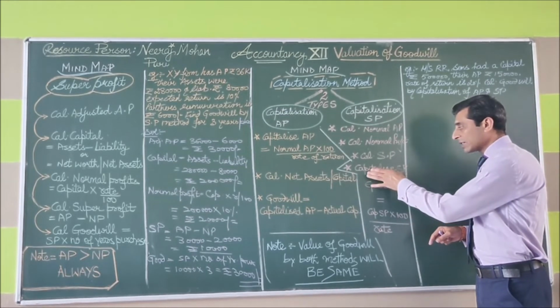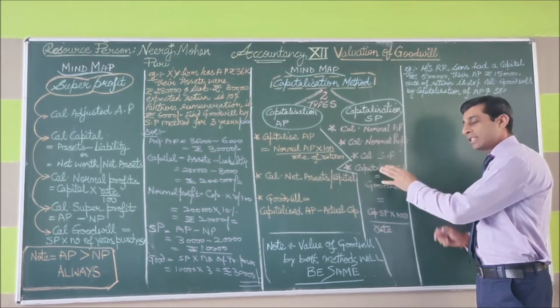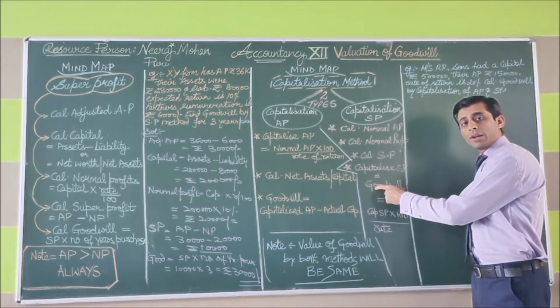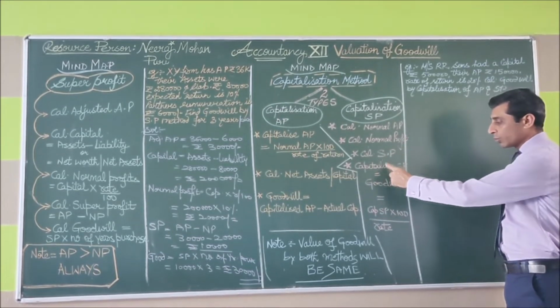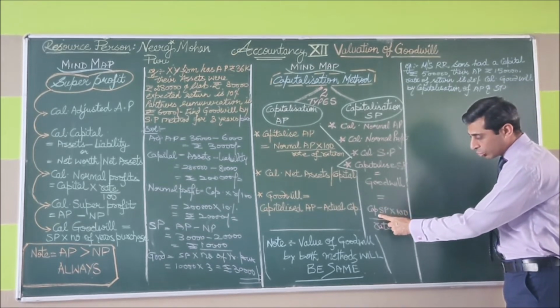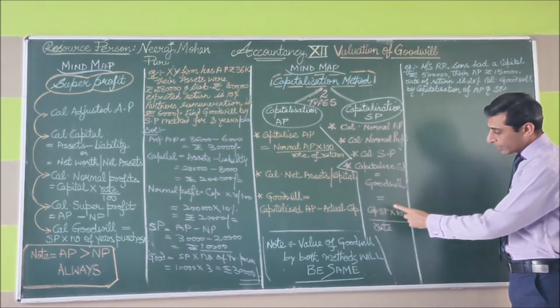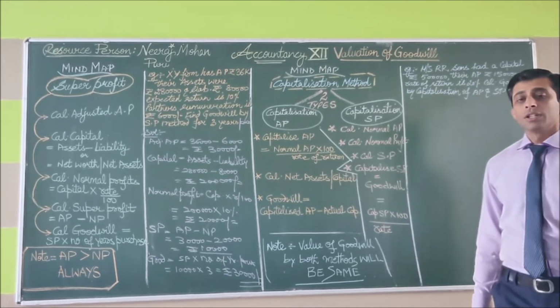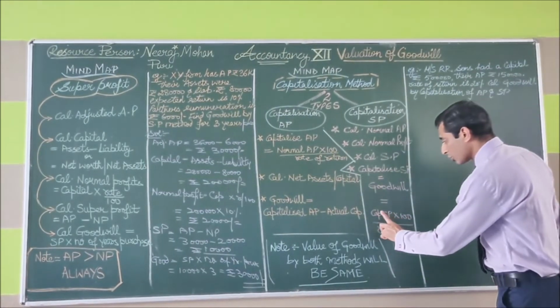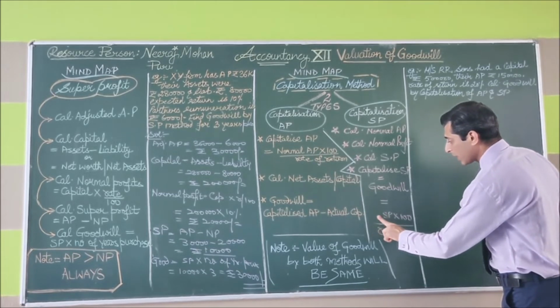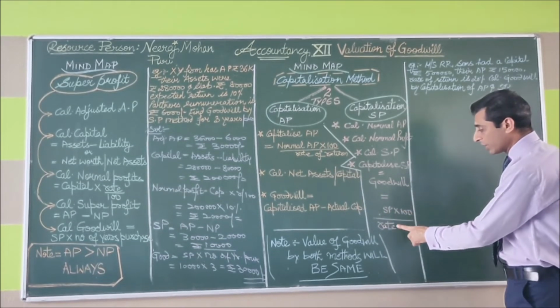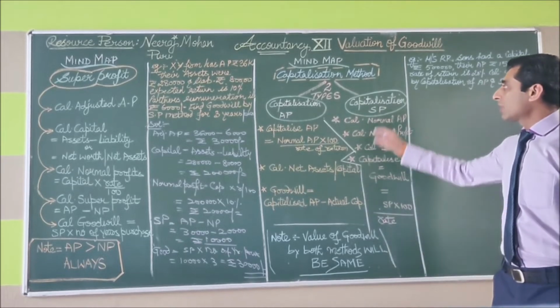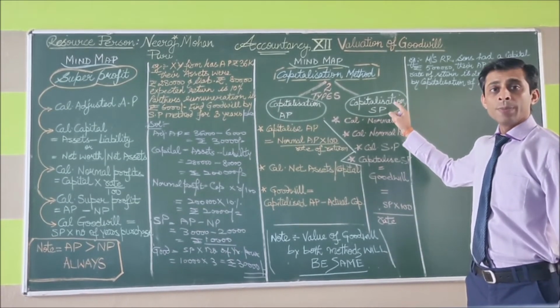When we capitalize the super profit, the answer is equal to the value of goodwill. So the formula for capitalizing super profit is super profit multiplied by 100 upon rate of return. Your super profit when multiplied by 100 divided by rate of return gives us the valuation of goodwill.